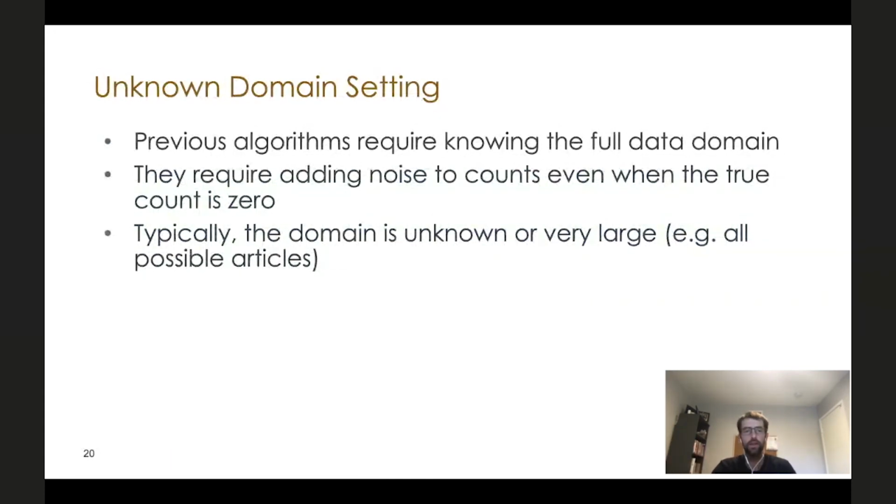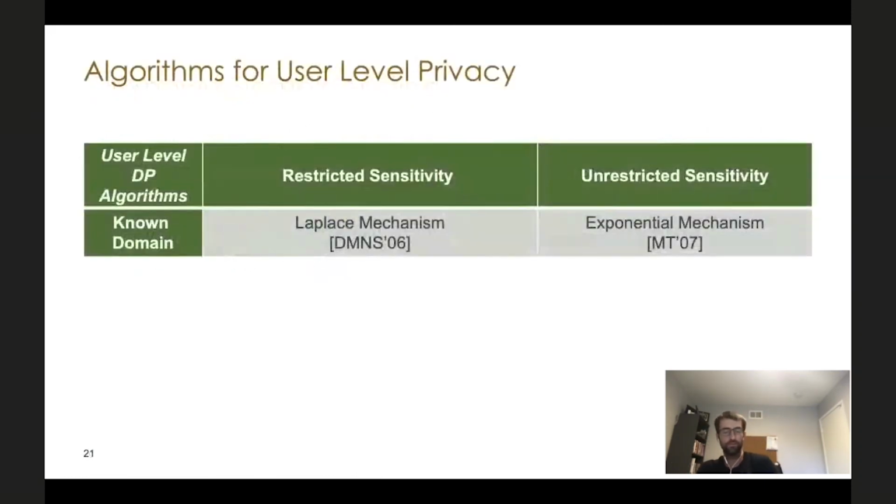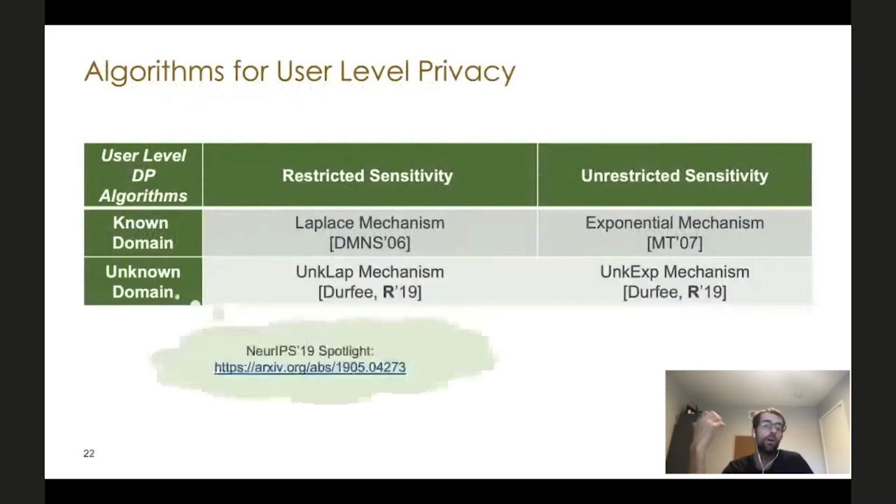Note that if we just run these known domain algorithms in this unknown domain setting, the mere presence of an element tells us that one person had to have clicked or engaged with a particular article. No matter how much noise we add, the mere existence of it is problematic for privacy. So for user-level privacy, I'm going to distinguish known domain algorithms, the classical ones, from the unknown domain setting.